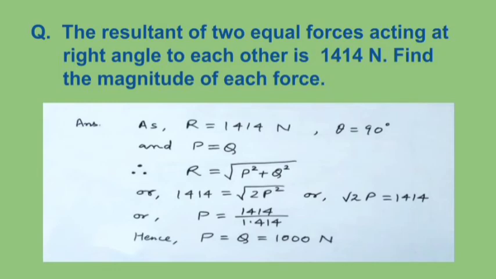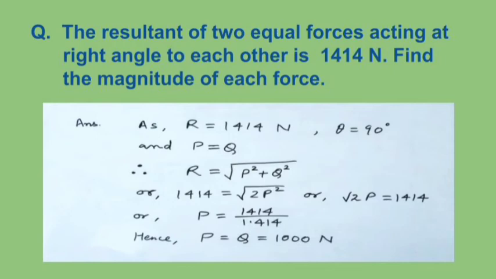Next question is, the resultant of two equal forces acting at right angles to each other is 1414 Newton. Find the magnitude of each force. Here R is equal to 1414 Newton, theta is equal to 90 degree, and P is equal to Q. Therefore, R, which is equal to under root P square plus Q square, gives 1414 is equal to under root 2P square, or root 2 P is equal to 1414.